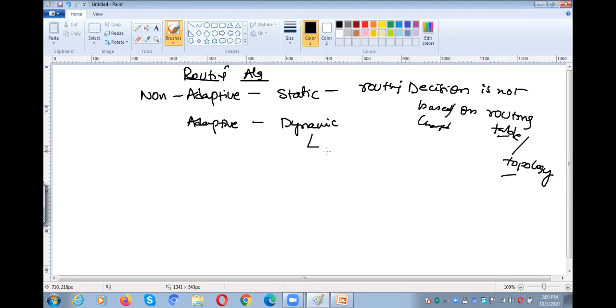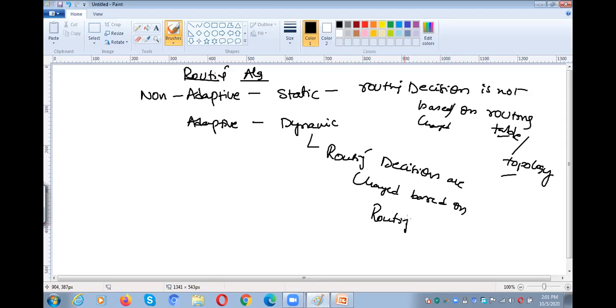Whereas dynamic means the routing decisions are changed based on the routing table and the topology of a network. If the topology changes, the routing table changes automatically, and the decisions are changed in the case of dynamic routing algorithms.